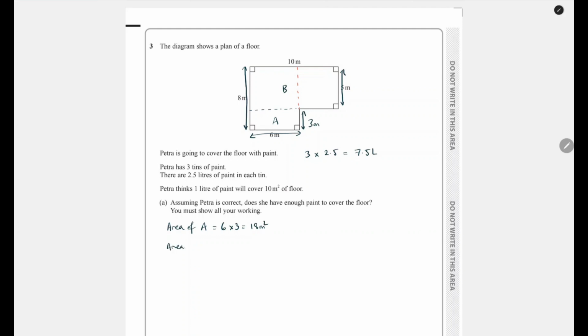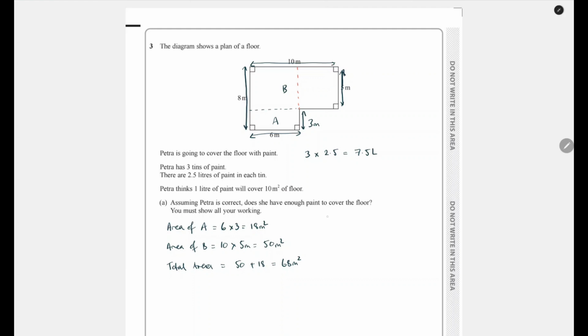If we do the same thing for the area of B, we need the 10 meters here. That's 10 multiplied by the 5 meters there, and that gives us 50 meters squared. And so the total area is 50 plus 18 to give us 68 meters squared.